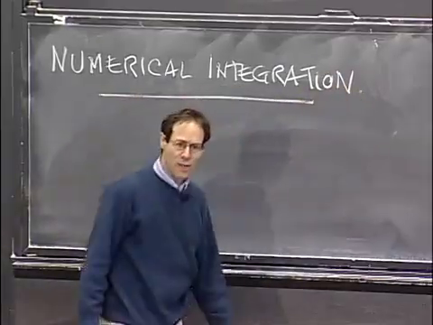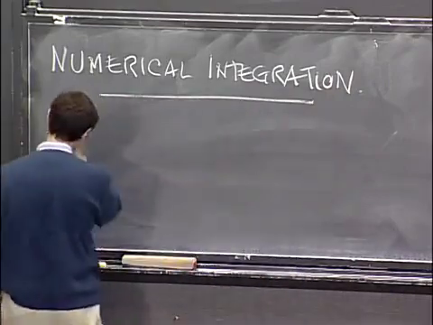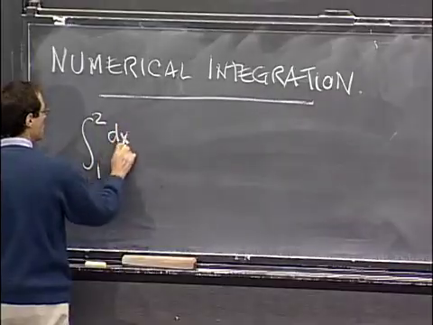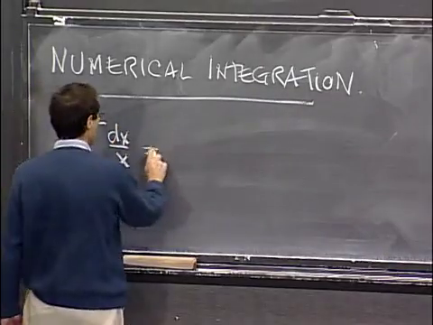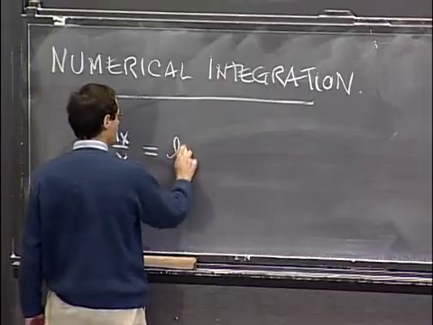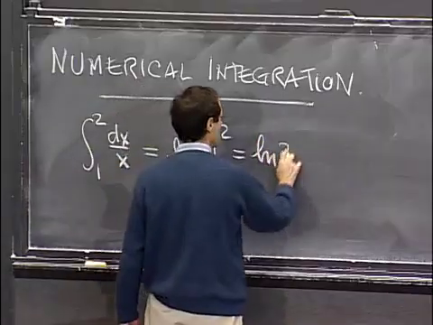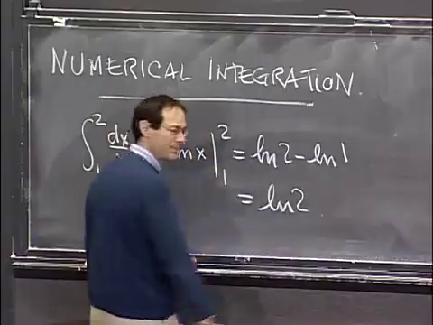I'm going to illustrate this with the simplest example that I can. We're going to look at the integral from 1 to 2 of dx over x, which we know perfectly well is the log of x evaluated between 1 and 2, which is log 2 minus log 1, which is just log 2.